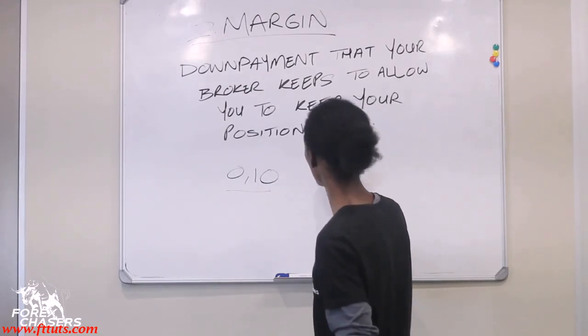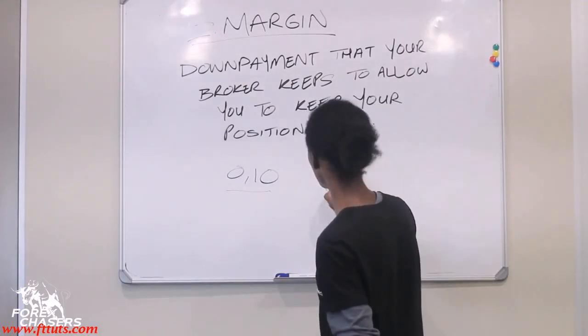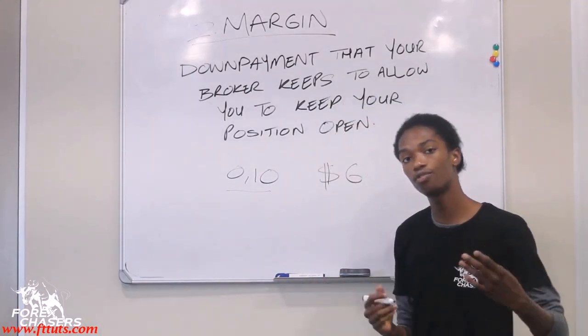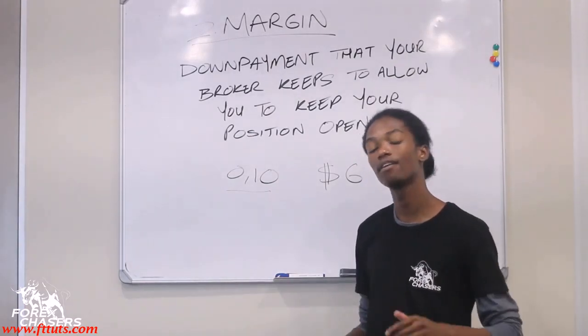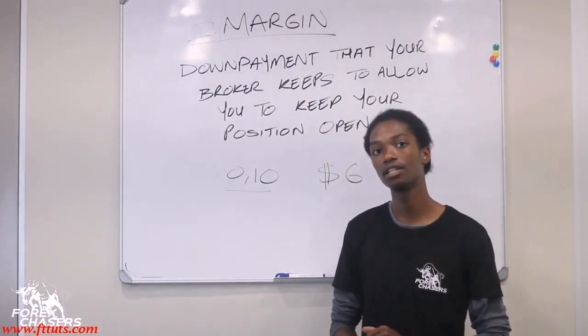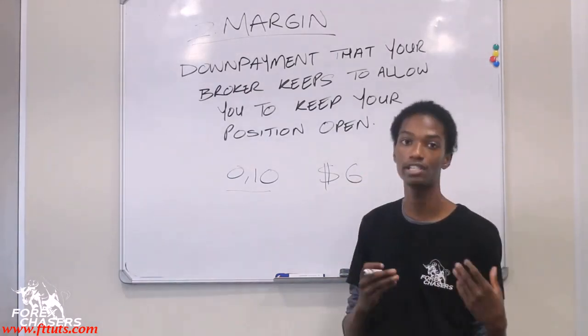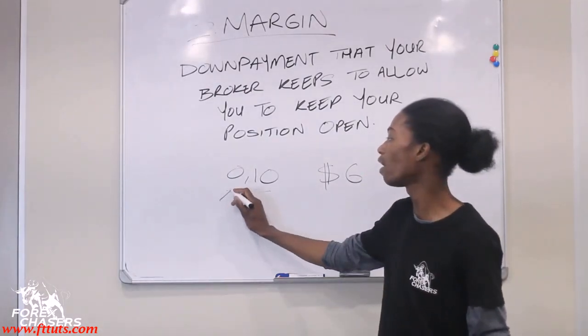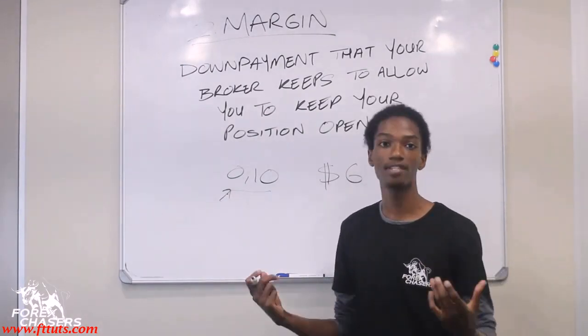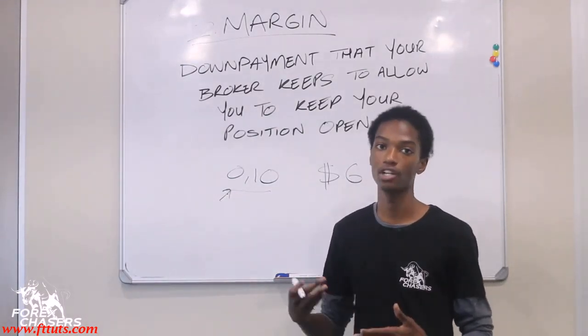So let's say your broker requires $6 and you, for example, have maybe $5 in your trading account. Now, with $5 and your broker requiring $6 for you to keep a position of 1 mini lot open, obviously your broker won't allow you to open that position.